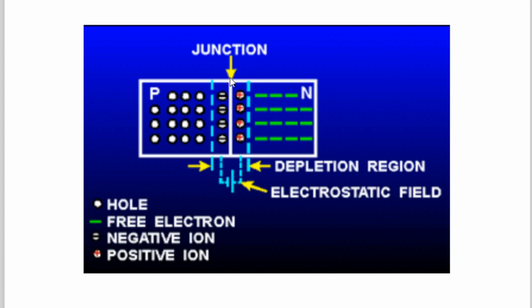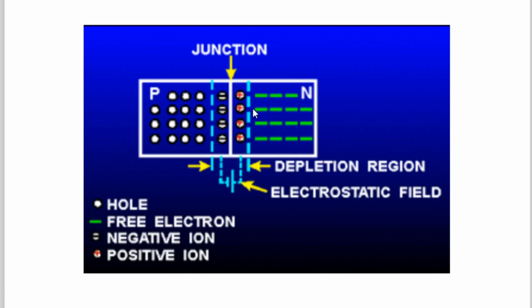Now try to understand what happens here. When we combine the p-type material with the n-type material at room temperature, at the junction, the atoms on this right hand side have one excess electron, and on the left hand side the atoms have one electron less, that is, the vacancy of an electron, which is called a hole.